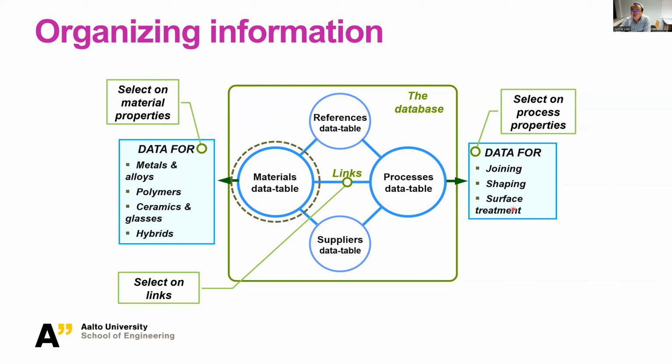Here I'm showing you three big families of processes. Similar to materials, there are also three very important families. We have joining here first, but maybe you can think about shaping first, because you want to produce something like, for example, the car body.